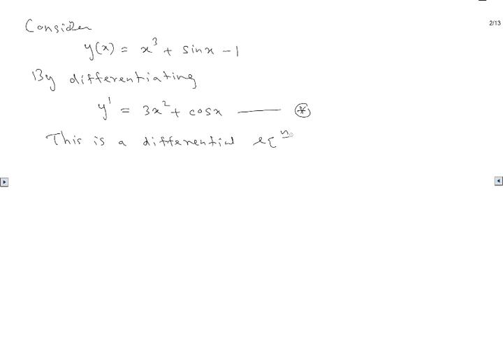So a solution of this differential equation is what?